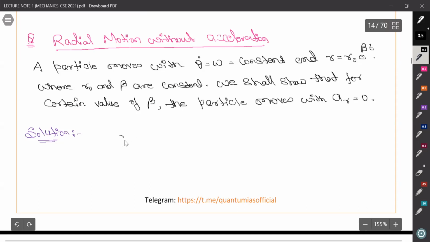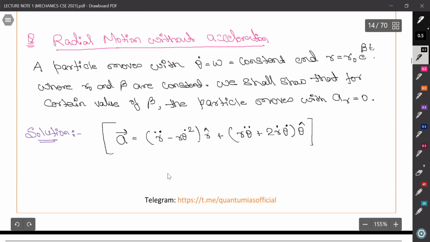So we simply know the acceleration in polar coordinates, which is (r double dot minus r theta dot whole square) r cap plus (r theta double dot plus 2 r dot theta dot) theta cap. So we know this relation. We just need to substitute the values of r and r double dot.